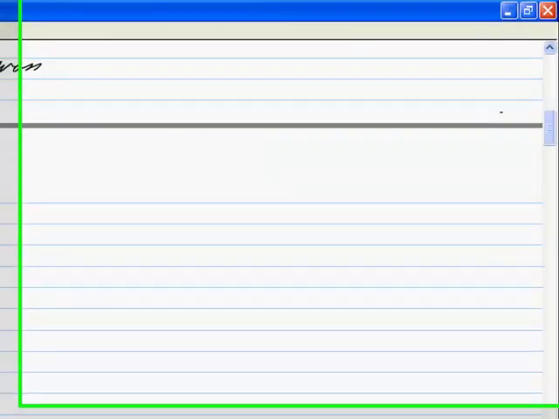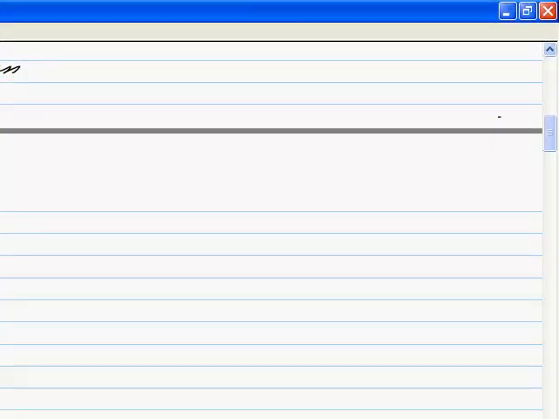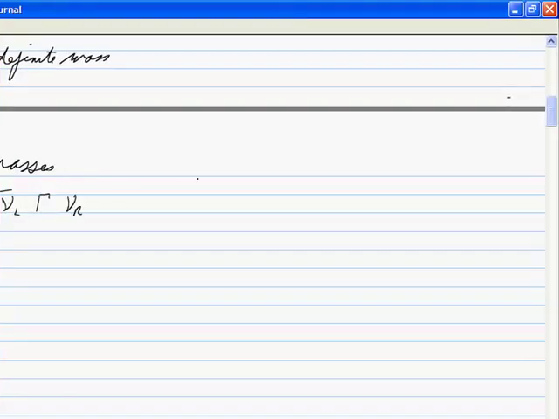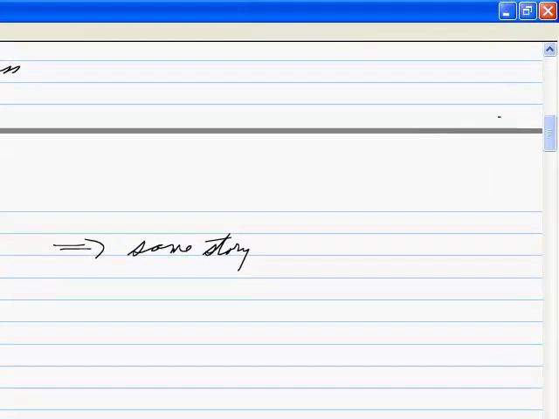Okay. If we start off with minus v over square root of 2, neutrino left, gamma, neutrino right, that's the same story. Okay?